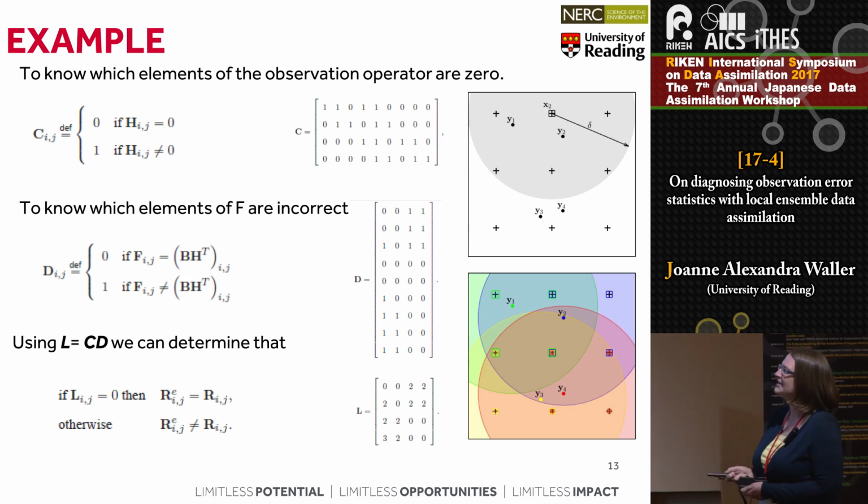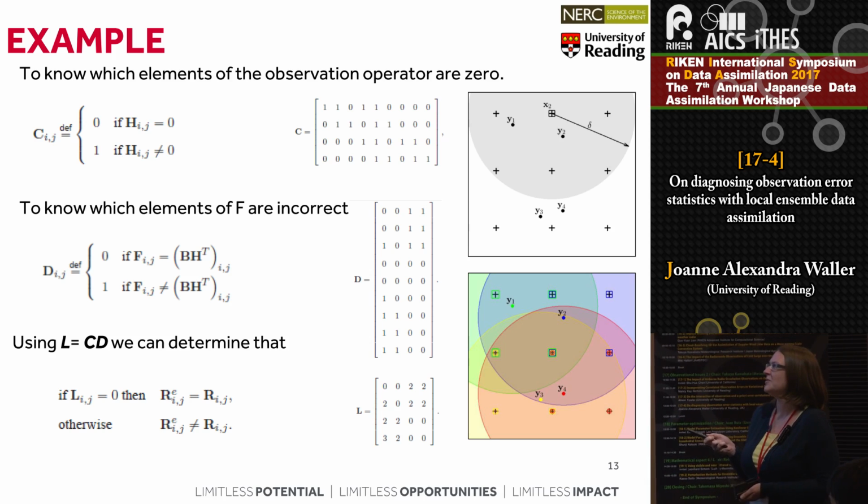I said, which elements of the observation operator are 0? We can store this in some sort of binary form in a matrix we call C. Going back to this one, I'm just using my averaging points. Here, we give C 0 if Hij is 0, or 1 if Hij is non-zero. So I have this matrix.